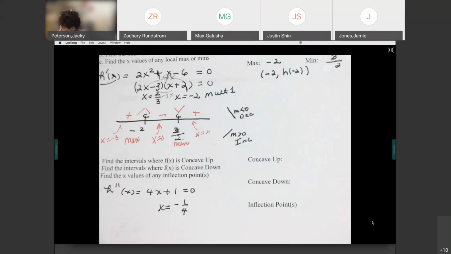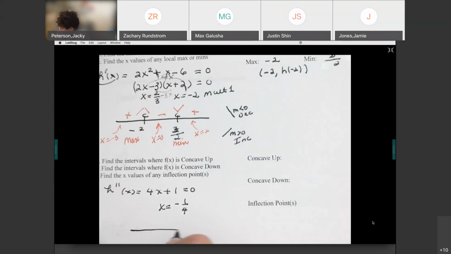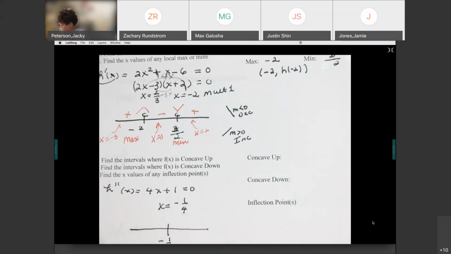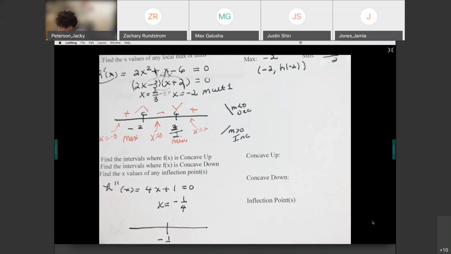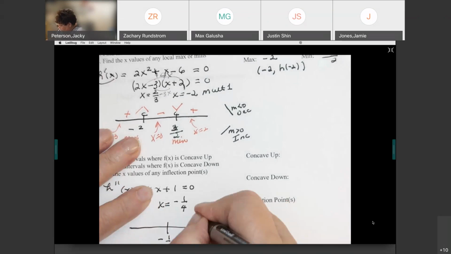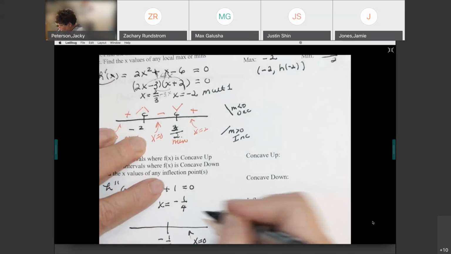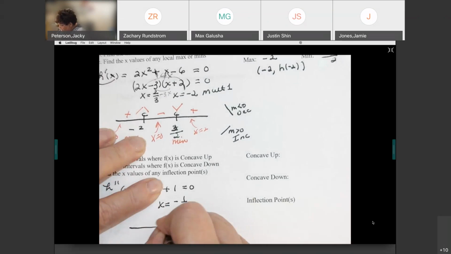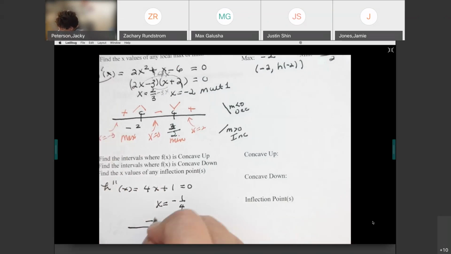Because now this is -1/4. So I pick 0. And at 0, 4 times 0 is 0. This is positive. Multiplicity 1, change, negative. So this is concave down followed by concave up.